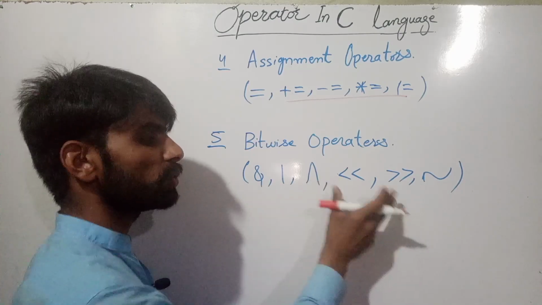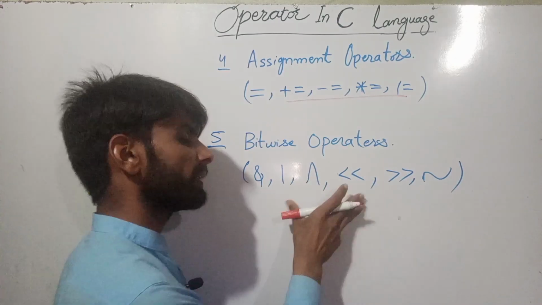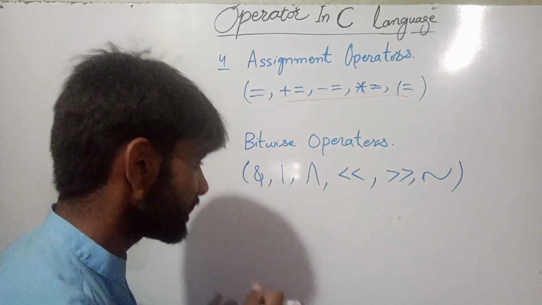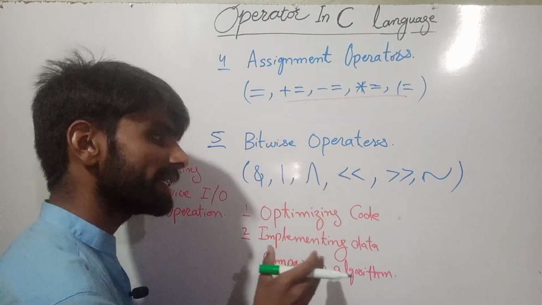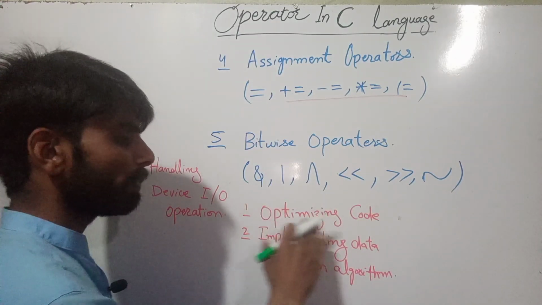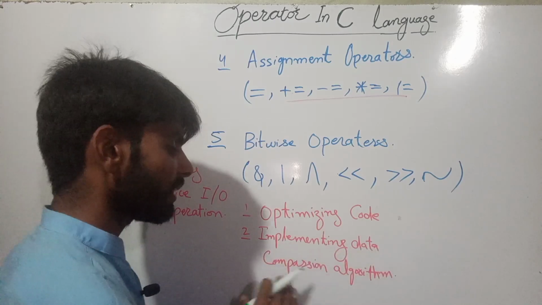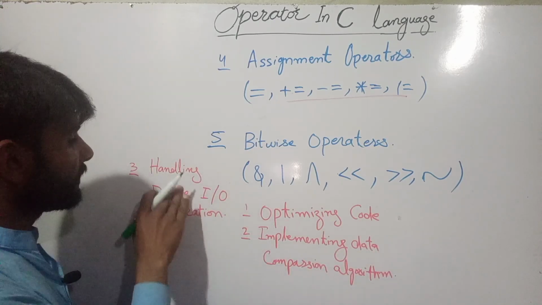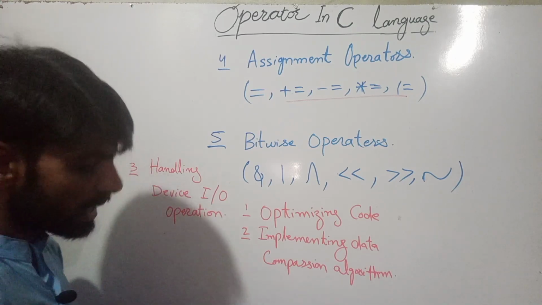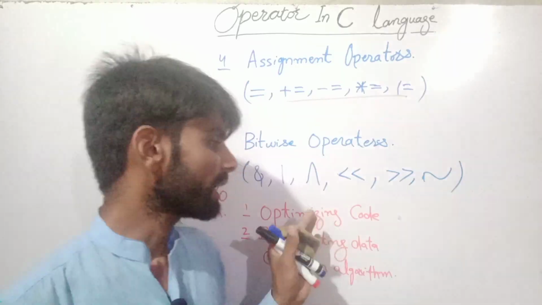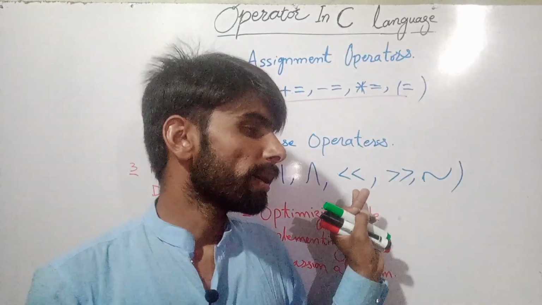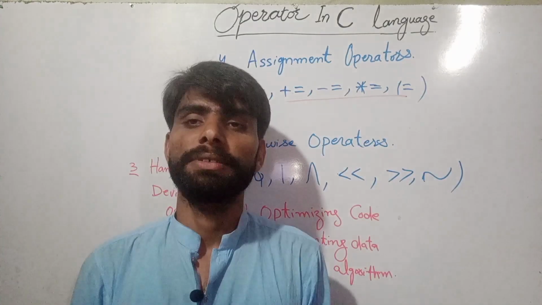These operators are also used in data structures, and they are also utilized by programmers for various purposes, for example optimizing code, implementing data comparison algorithms, and handling device input output operations, right? So these are bitwise operators used in low-level programming languages, but they are mostly used by the machine in low-level programming, right?